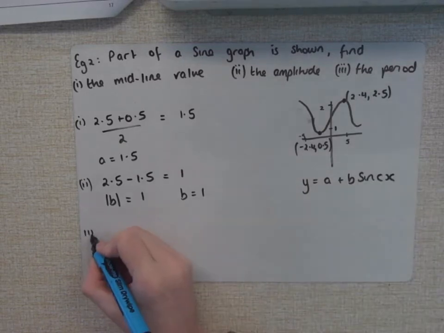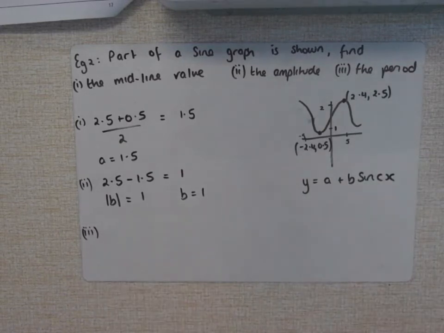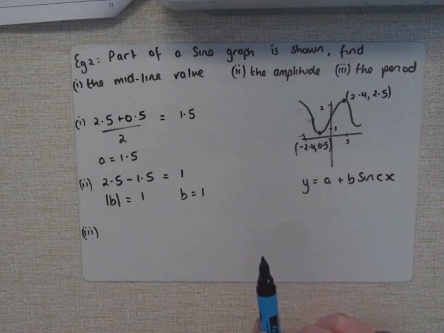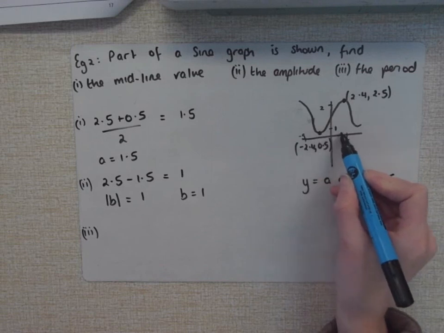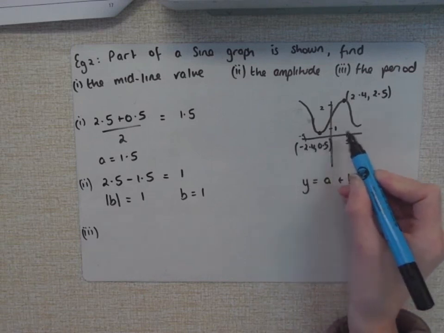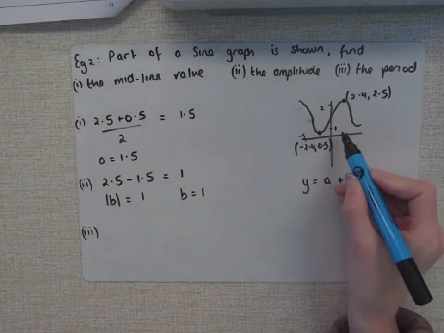Okay, and part 3 we want the period. So to get the period, what you can do is you can get the distance between these two. Okay, and what would you do with it then?